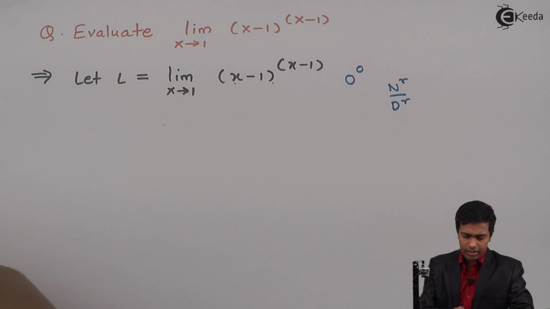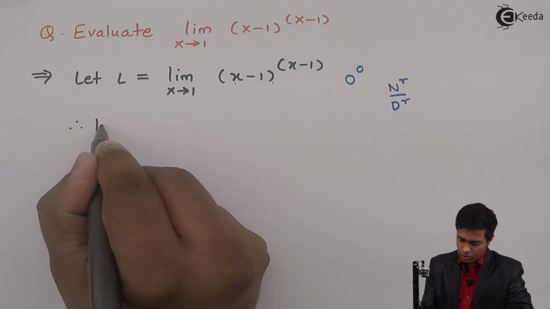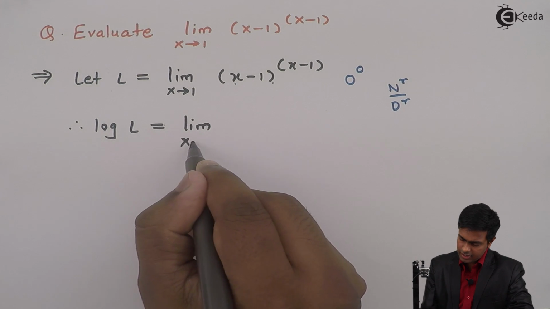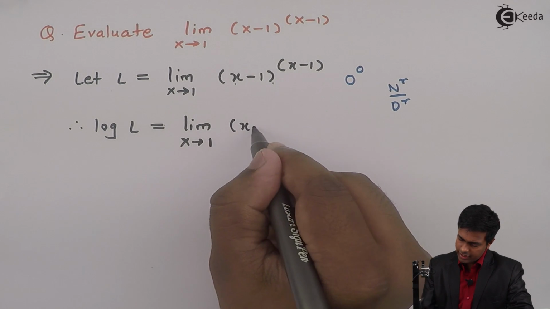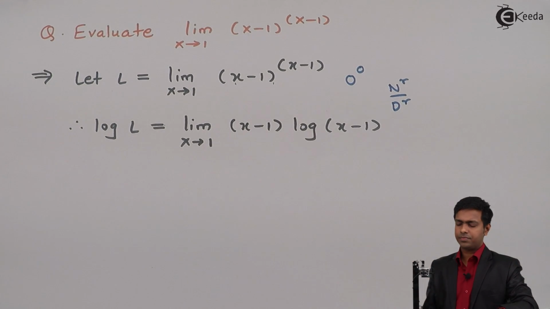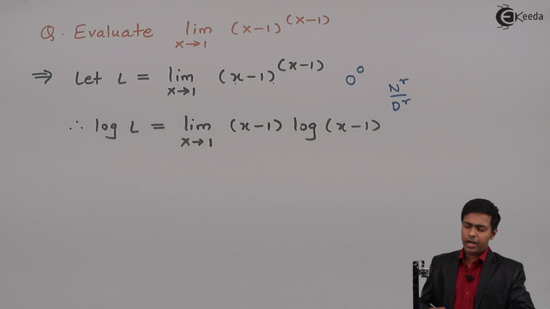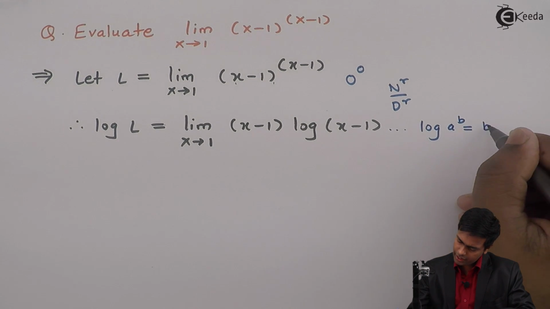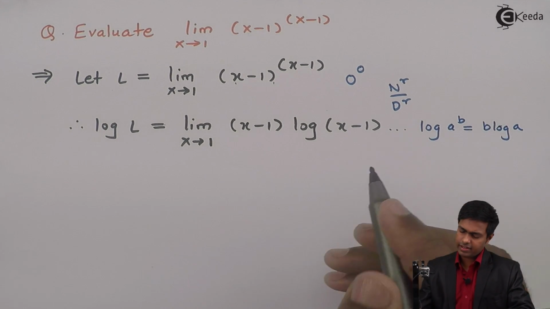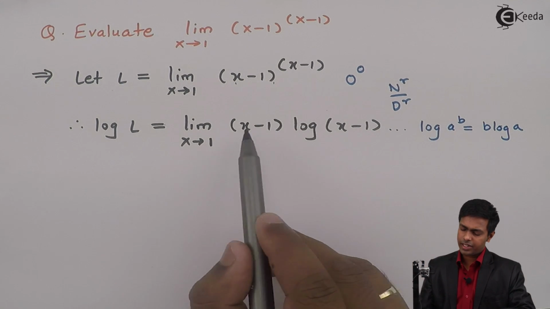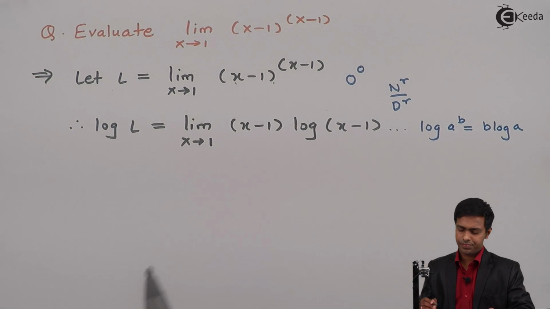So here we will get, therefore, log of L equal to limit x tends to 1 of (x minus 1) log of (x minus 1). So here we have applied the formula log of a raised to b equal to b log a, and hence this term log of (x minus 1) raised to (x minus 1) has become (x minus 1) into log of (x minus 1).